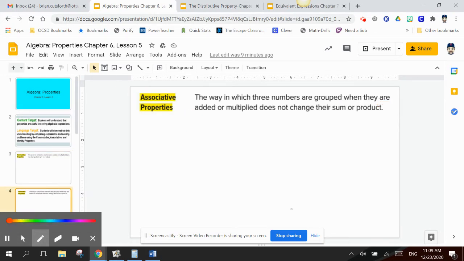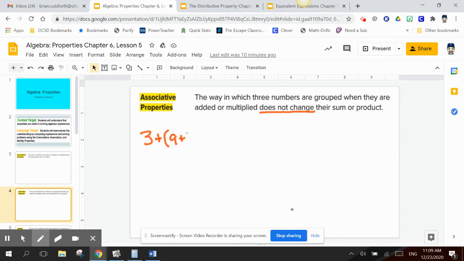The associative property is the way in which three numbers are grouped when they are added or multiplied does not change the value of the sum or product. Again, does not change their sum or product. An example of this would be 3 plus the quantity of 9 plus 4 equals the quantity of 3 plus 9, plus 4.